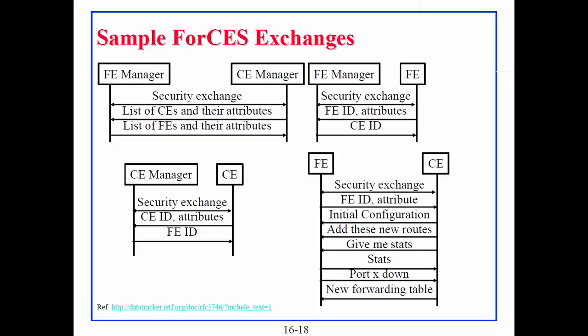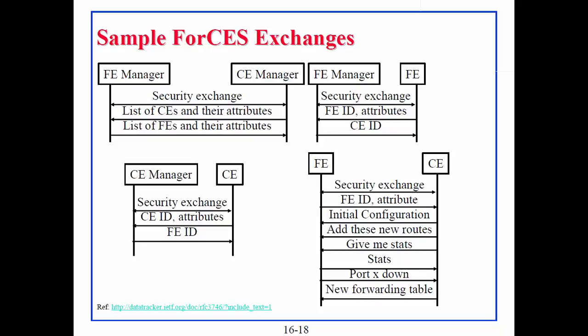Likewise, the control element manager has a security exchange with its control element, authenticating. That control element sends its ID and attributes, and based on that, the control element manager tells it which forwarding element ID it's going to be communicating with.